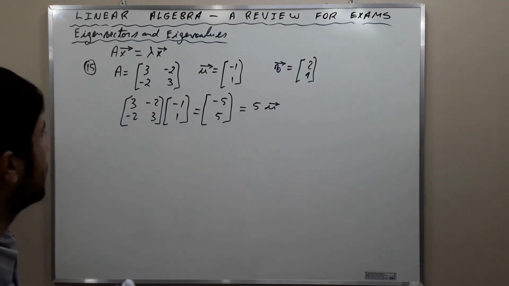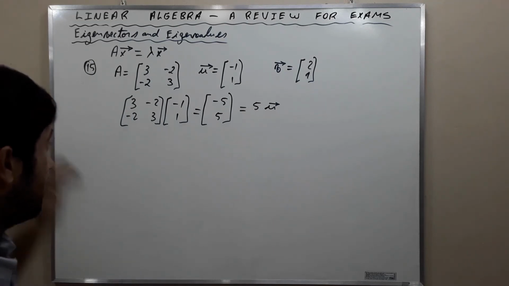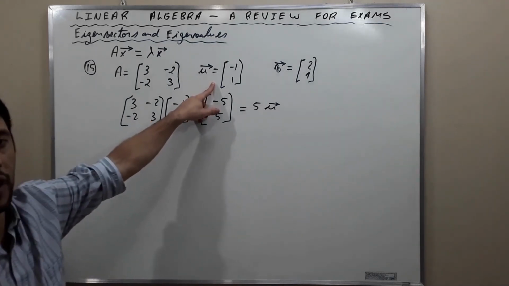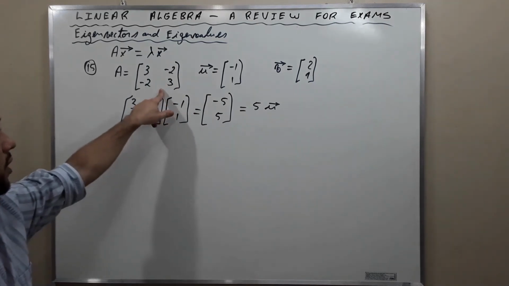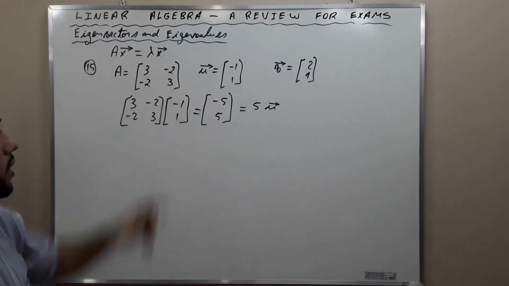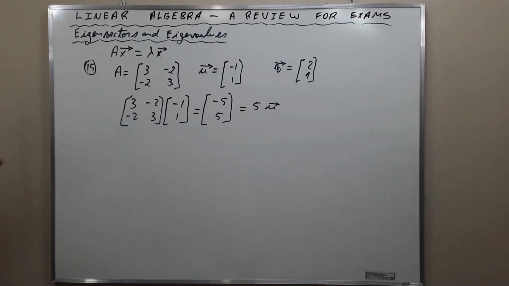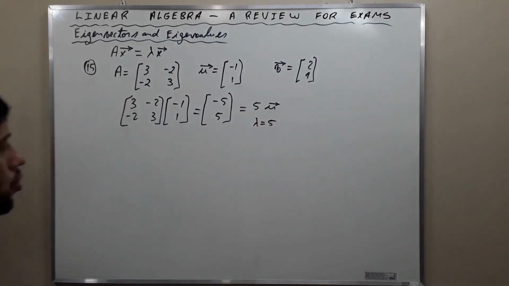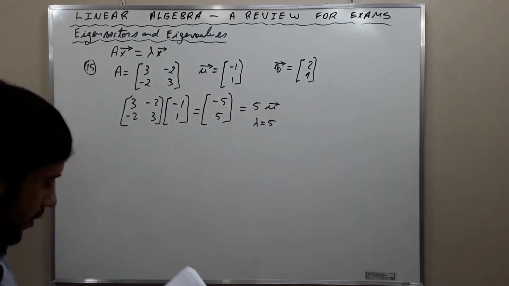And what does it mean? It means that yes, indeed, U is an eigenvector of this transformation, and the scaling factor, the eigenvalue, is lambda equal to 5.